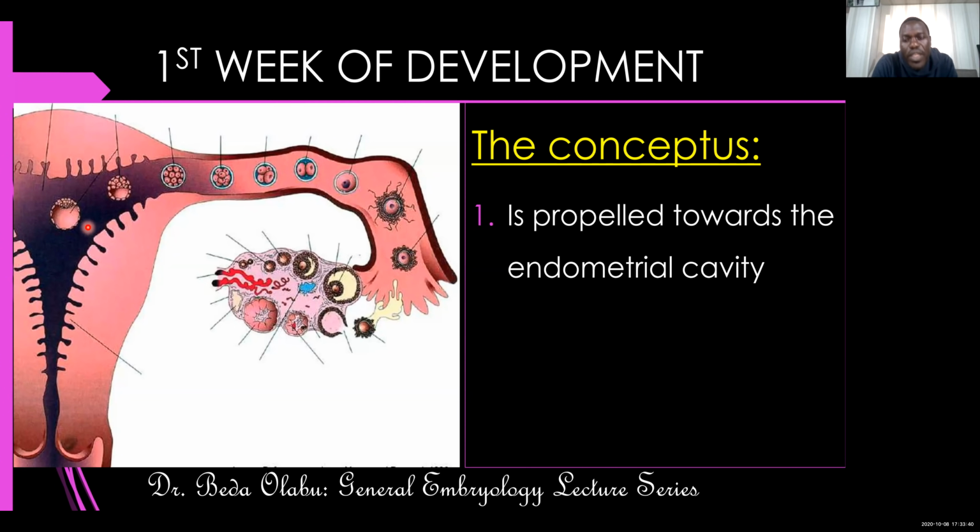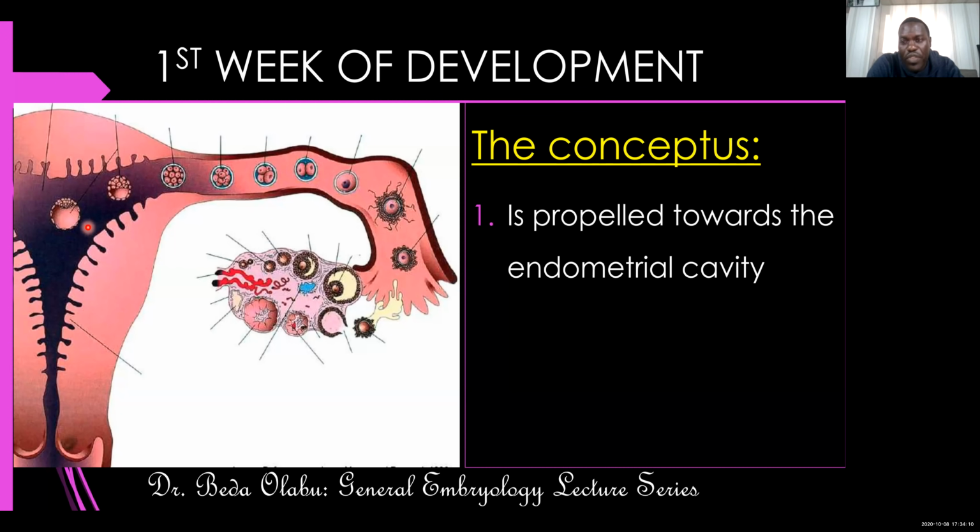Key to this propulsion would be the ciliary activity of the fallopian tube. And that is why if this cilia is not functioning properly, a woman can be subject to ectopic pregnancies. The conceptus will not be able to reach the endometrial cavity.